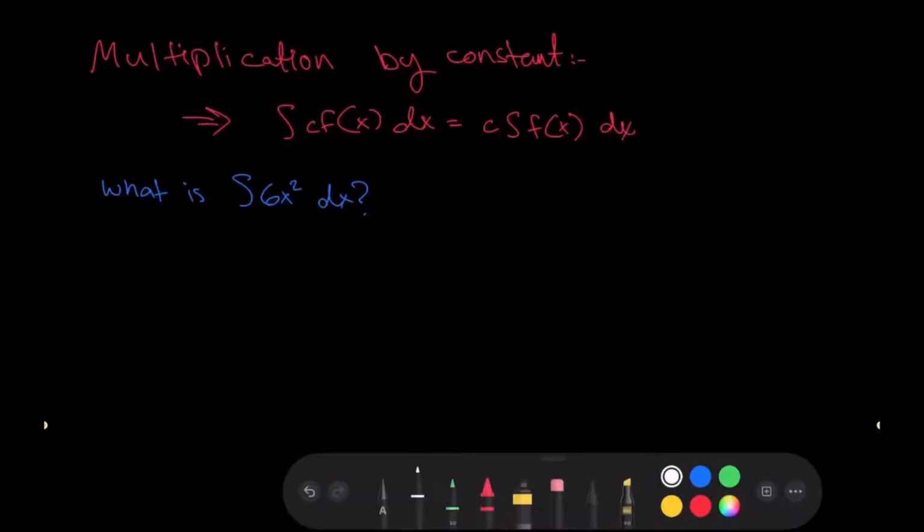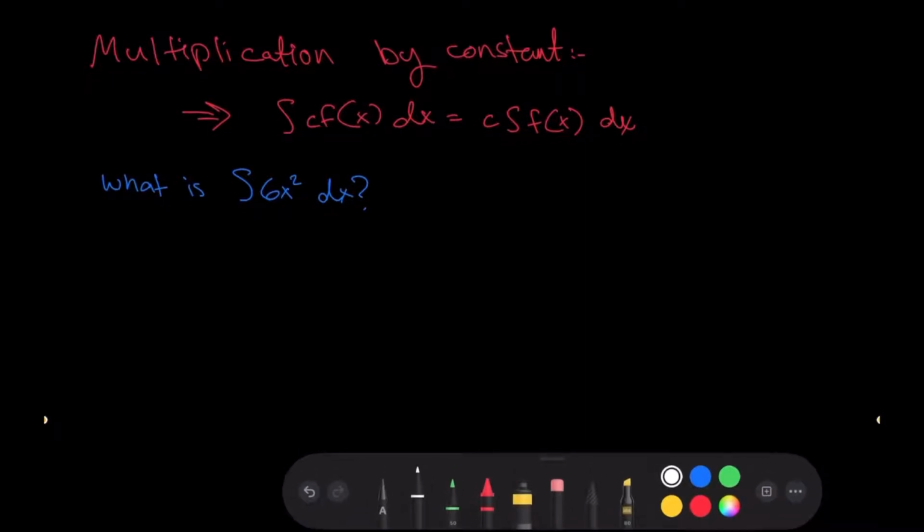This is how to solve multiplication by a constant. We know the rule for this is the integral of c f of x equals c times the integral of f of x. So our question is, what is the integral of 6x powered by 2? In this case, 6 is going to be our c, and x powered by 2 is going to be our f.